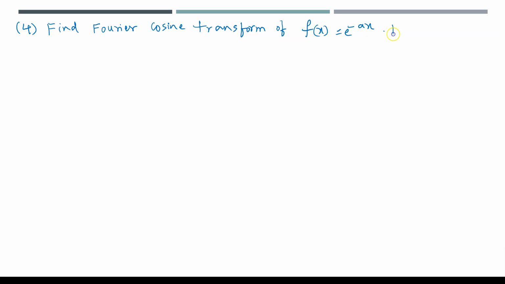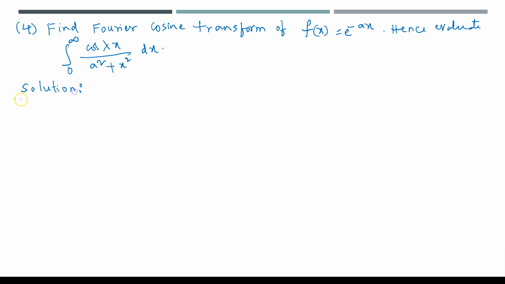Hence evaluate the integral 0 to infinity of cos lambda x upon a square plus x square dx. So here one sub question is also given. After finding the Fourier cosine transform, we have to evaluate this integral using the inverse Fourier cosine transform.